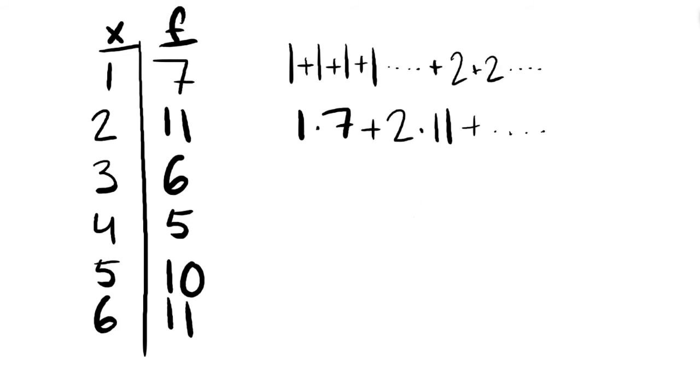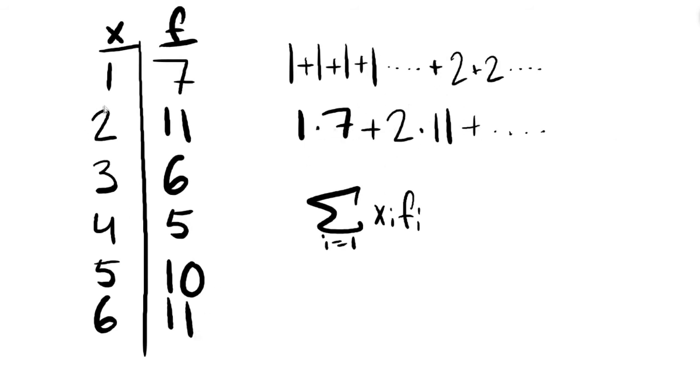Instead of taking the sum of xi, we will take the sum of xi times fi, where i is equal to 1, but not to n this time, because we don't have that many sums anymore.